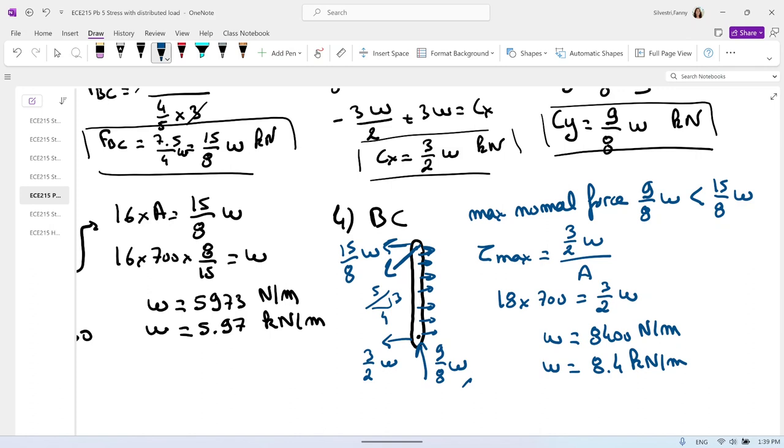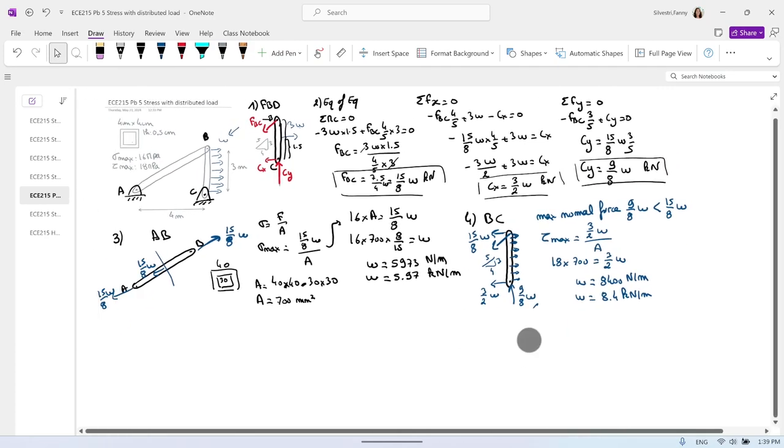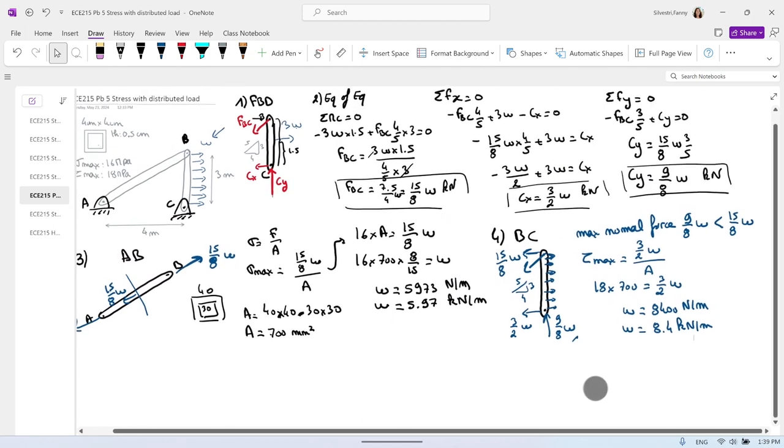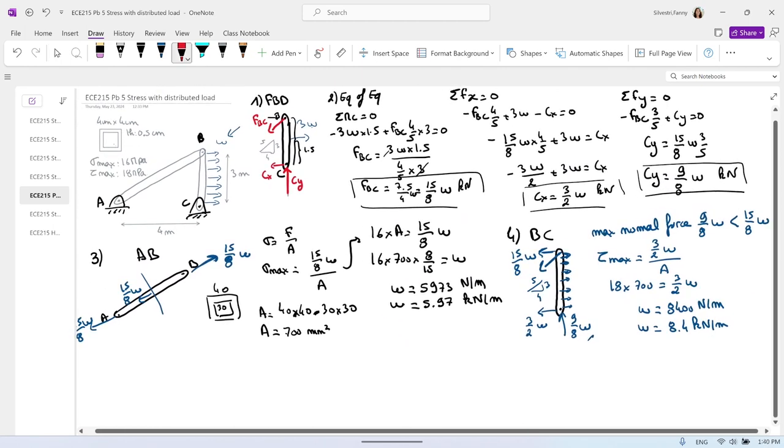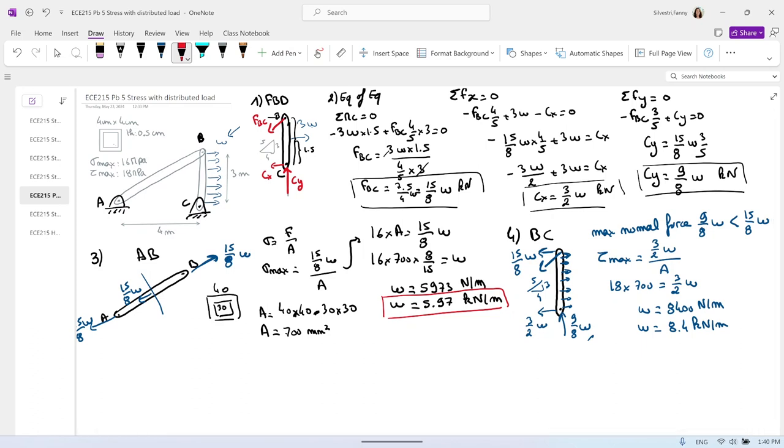So now, what is the maximum distributed load on this beam? We found two different answers. We found a maximum W based on the maximum normal stress, and we found a maximum W based on the shearing stress.